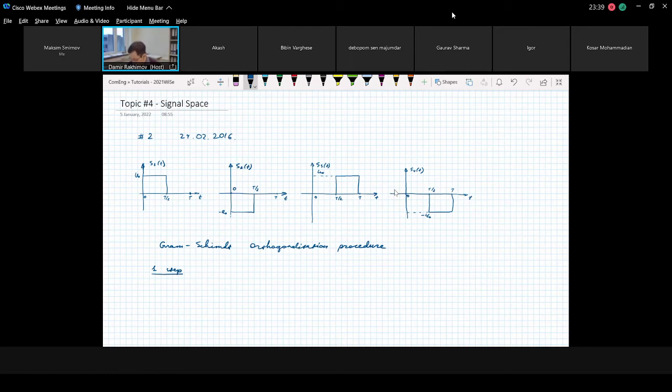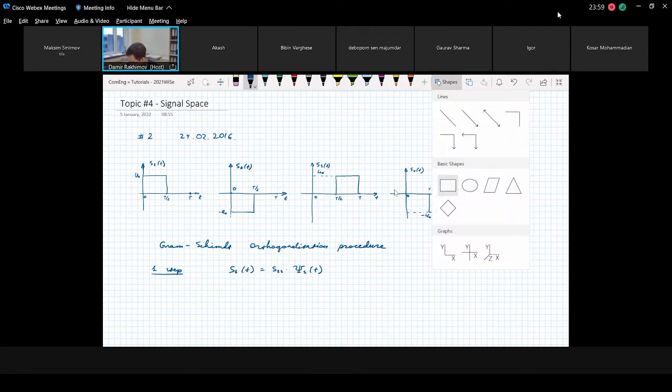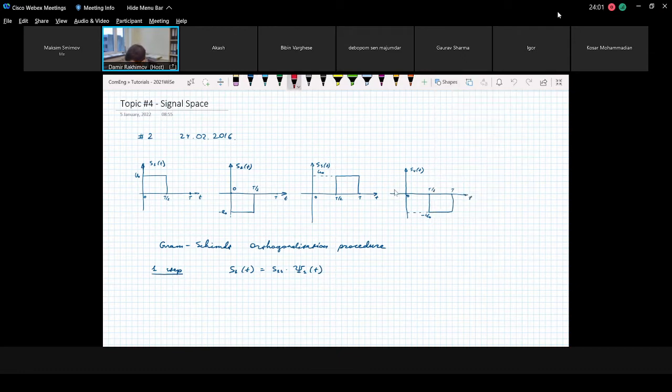as our first signal. So simply speaking, you say that your first signal is nothing else than a scaled version of the first basis function. We have the scalar S11 that changes the amplitude of our basis function. Of course, you can choose any signal you like as the first for your first basis function.